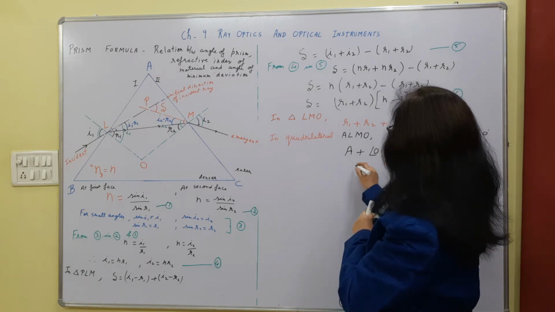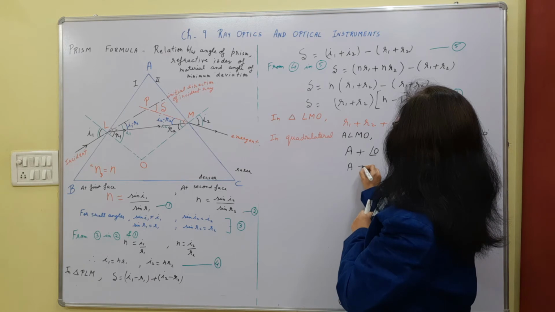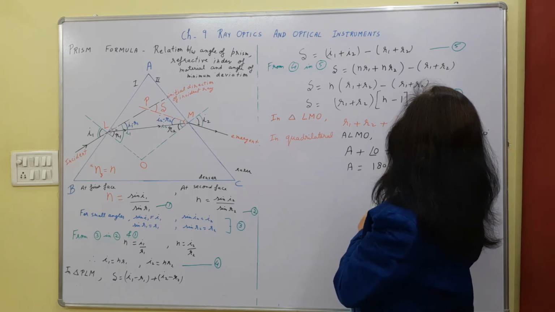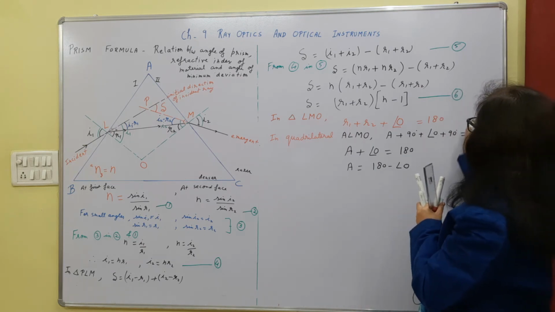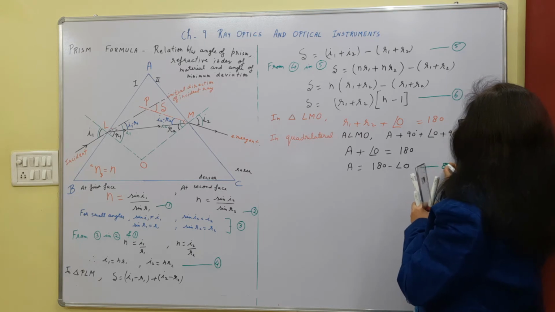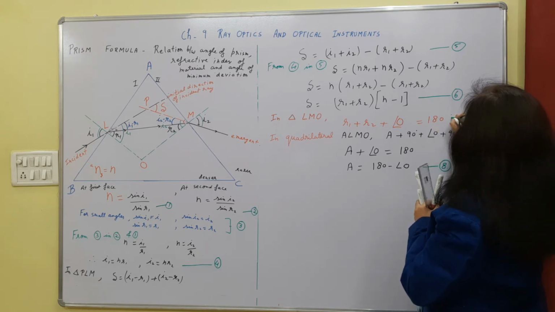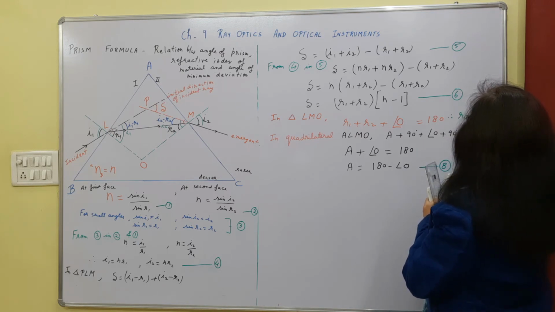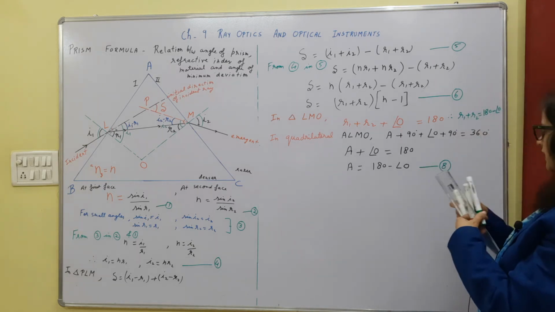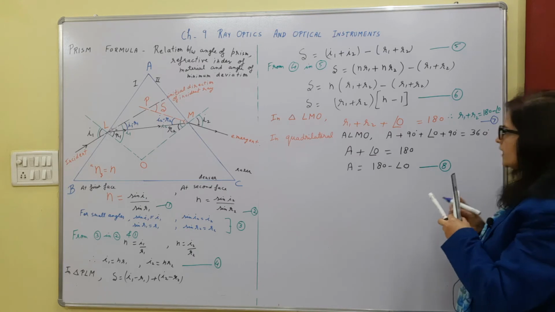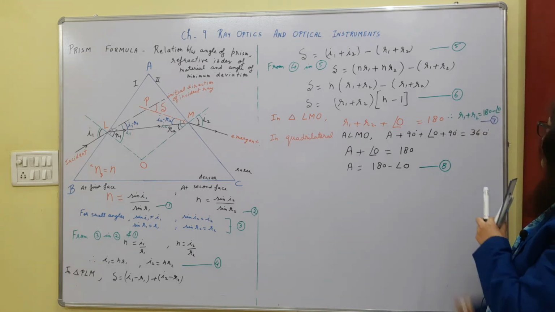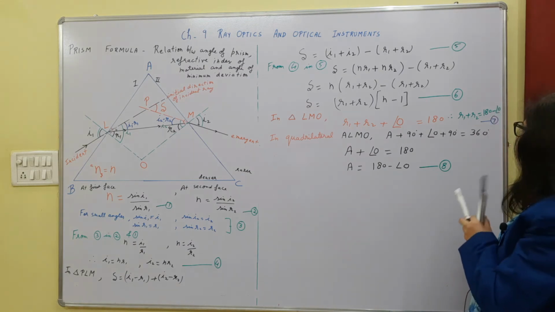So angle A is equal to 180 minus angle O. Let's mark this as equation 8. Why are we marking this as 8? Because from here R1 plus R2 is equal to 180 minus angle O, and I am marking this as equation 7. So from 7 and 8, it is clear that angle A is equal to R1 plus R2.